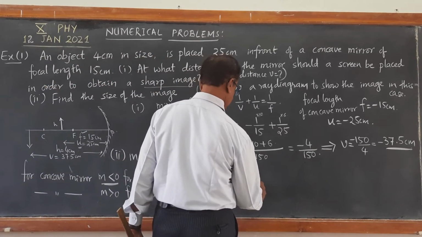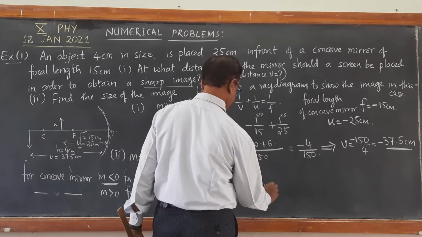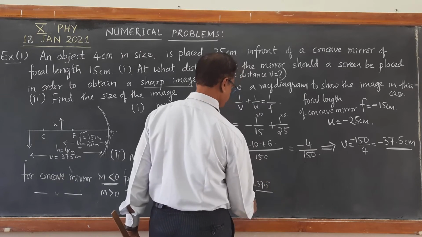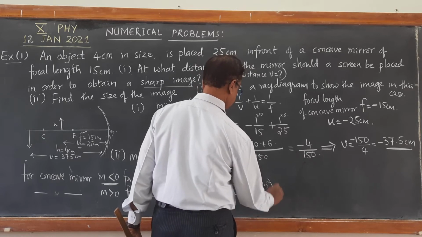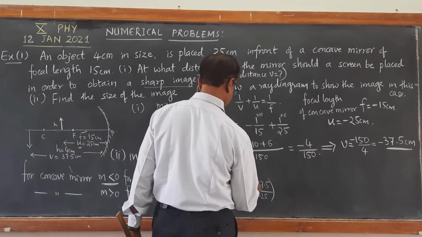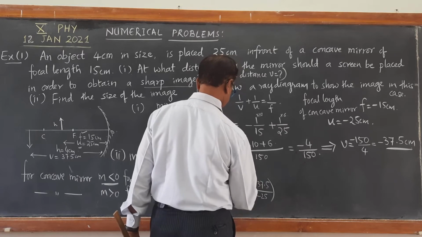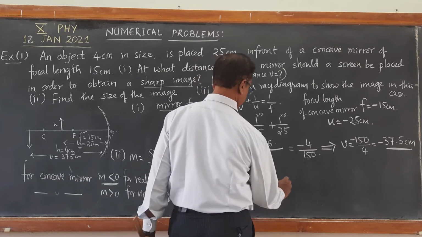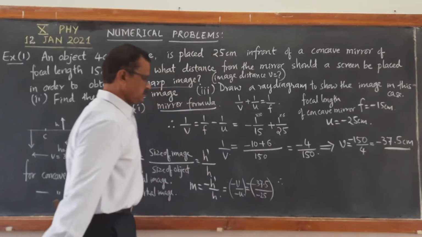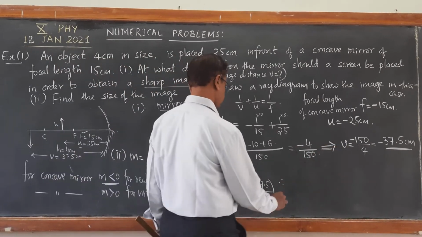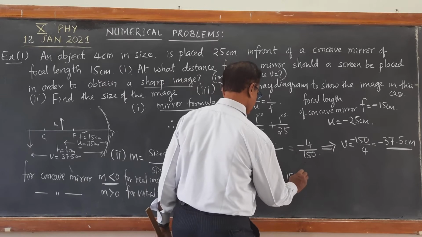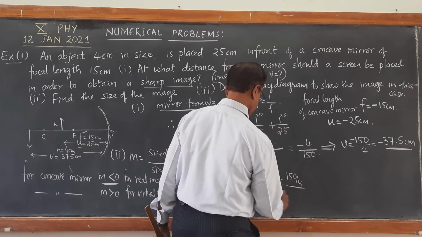Minus 37.5 divided by u. u is minus 25. So magnification is negative. So if you cancel this, you see 150 by 4. So 150 by 4 divided by 25.